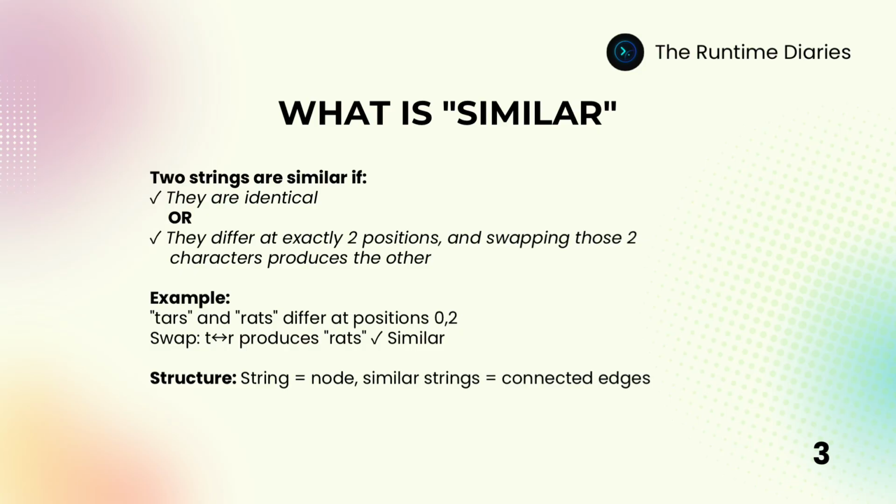Tars of 2 is R, rats of 0 is R. They match. So yes, tars and rats are similar because you could transform one into the other by swapping positions 0 and 2. From a graph perspective, each string is a node, and an edge exists between two nodes if those strings are similar according to this definition.